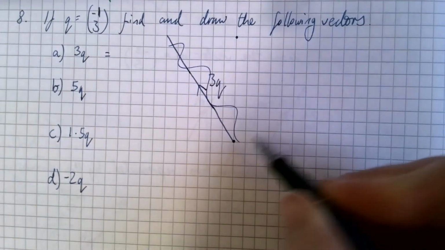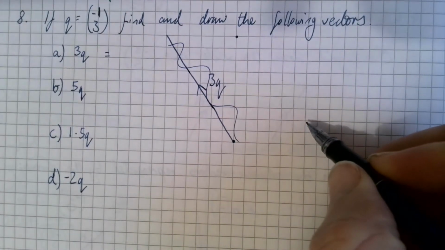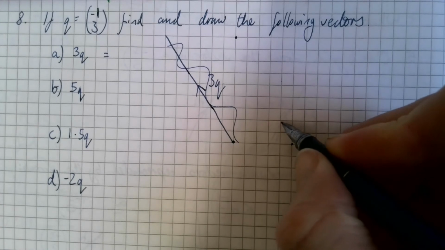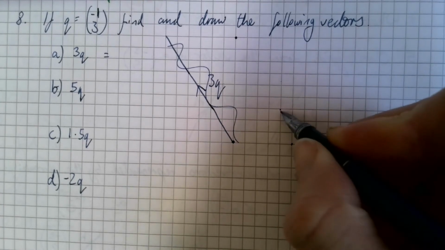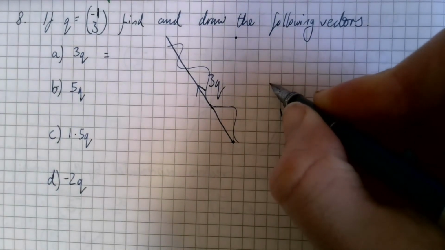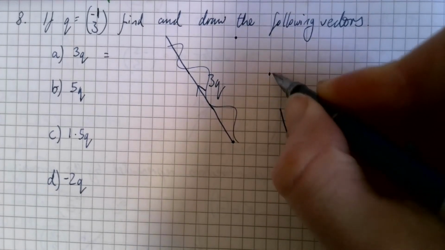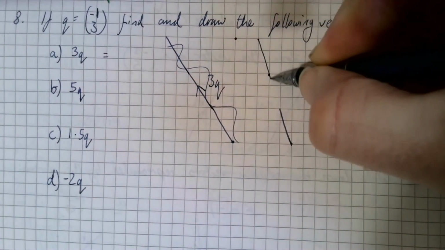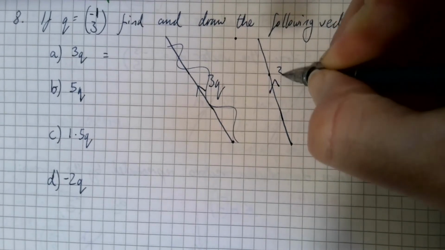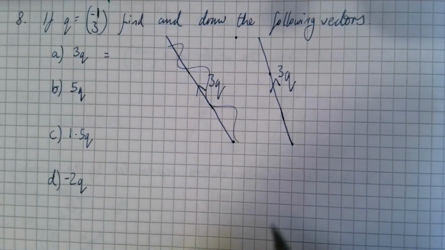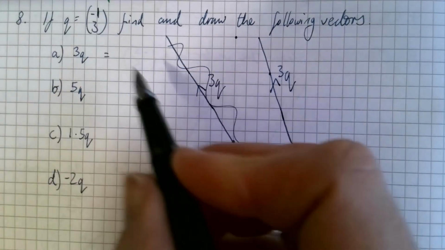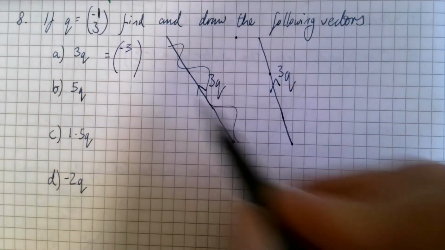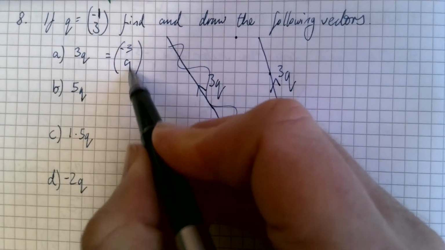So let's redraw that. Sorry about that, it's negative 1 and 3, isn't it? Negative 1 to the left and 3 up, 1 to the left and 3 up. So that's going to look like that for our 3q. And all together we've done 3 times that, making negative 3, 3 to the left, and we've gone up 9 squares.